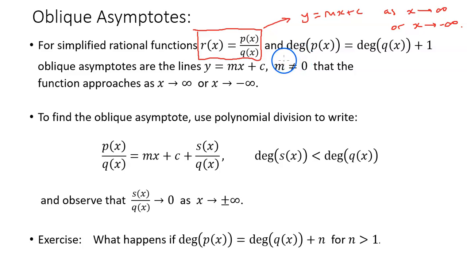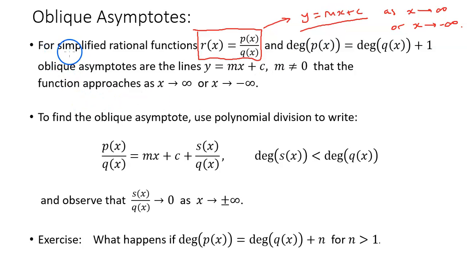So it's just like horizontal or vertical asymptotes, except this time it can be just an arbitrary line. So it can have a gradient that's not equal to 0.